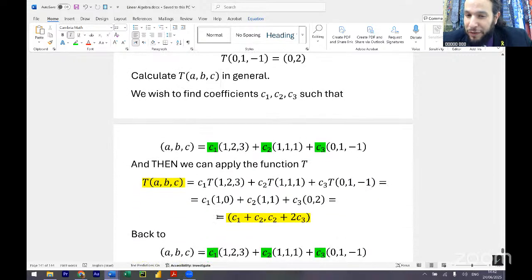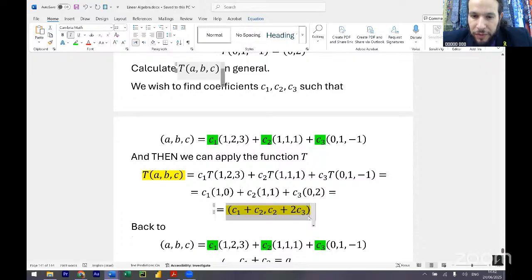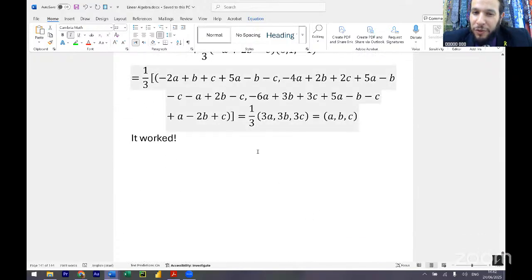And the answer for the question, remember, is this. And now I can plug in the C1, C2, and C3 that we found and get to the final answer.